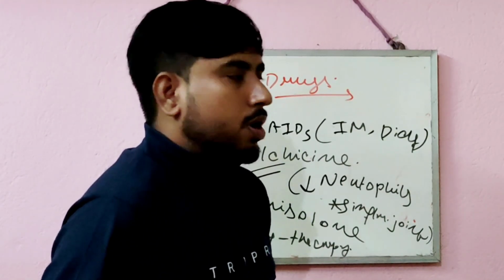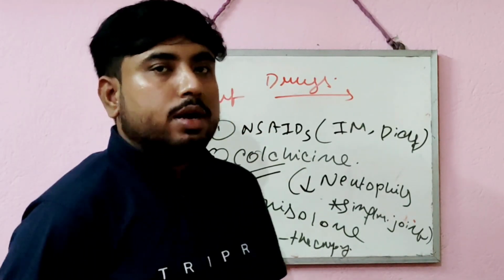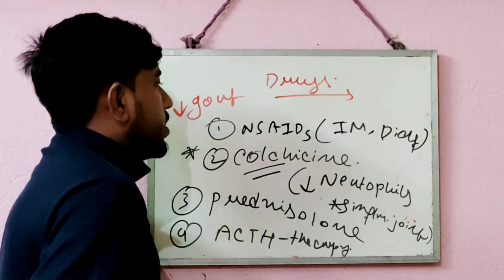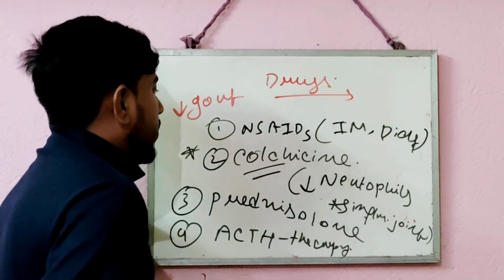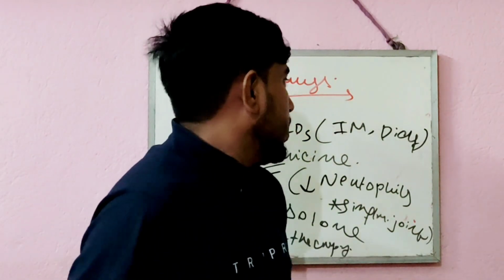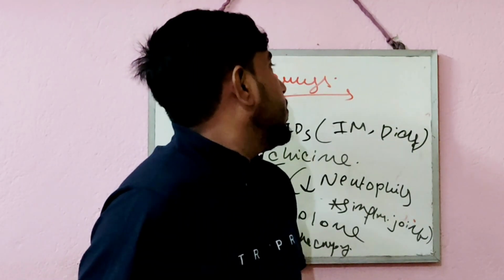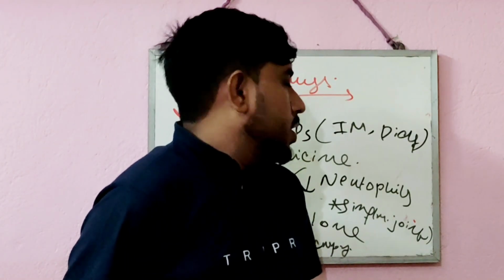Then we discussed what GOUT is, and at last we discussed the different drugs used in our daily life to treat GOUT, especially in geriatric or old age people. So today I have finished that portion of anti-rheumatoid drugs.